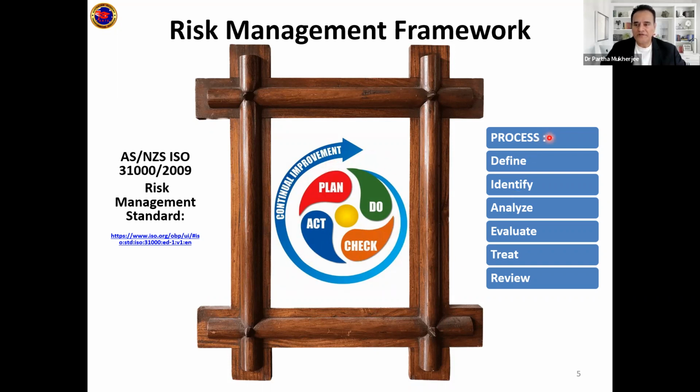So the process that you follow in the risk management framework, which is the ISO standard, is that you define the risk in the context. I gave you the example of the context of the risk: I'm crossing a road. Now, the road could be a by-lane, a small lane, or the road could be a highway. You can see it's a small lane in your neighborhood.